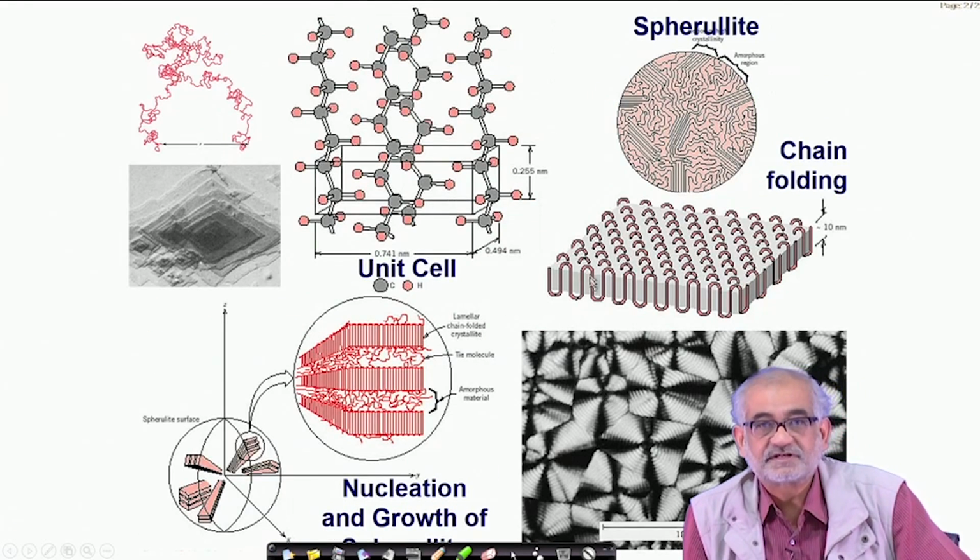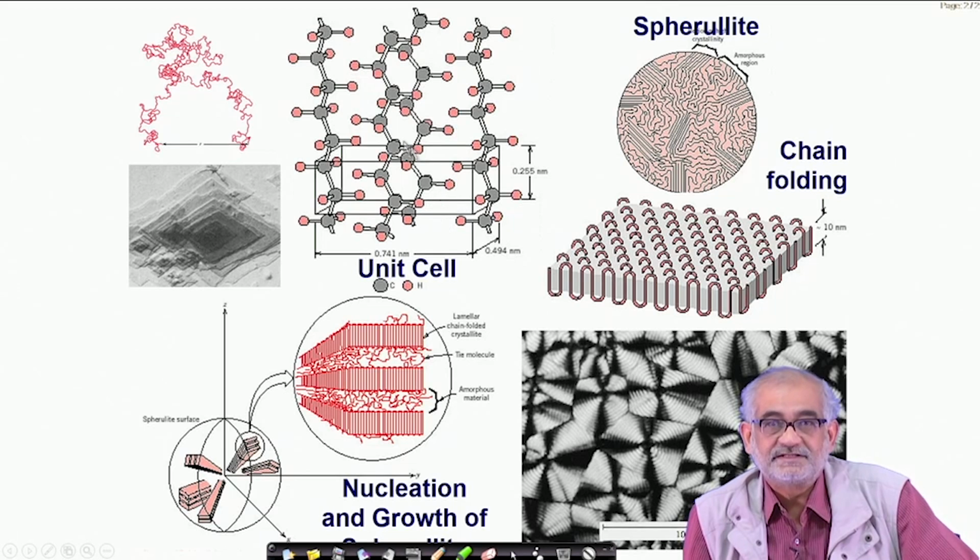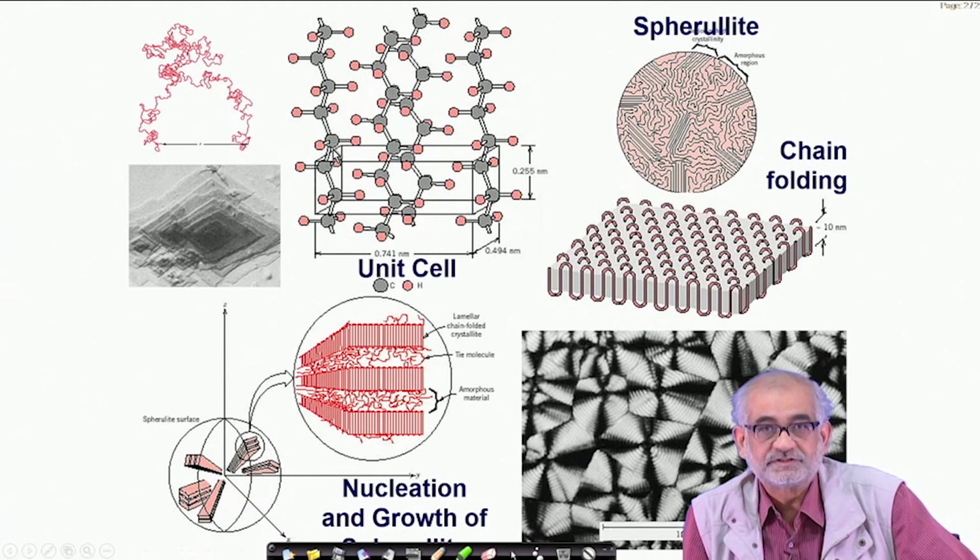So these are various structural manifestations. It's not very easy to imagine how these chains can actually go back and forth in a folding motion, and in the process create such a structure which will have some semblance of repetition or periodicity.